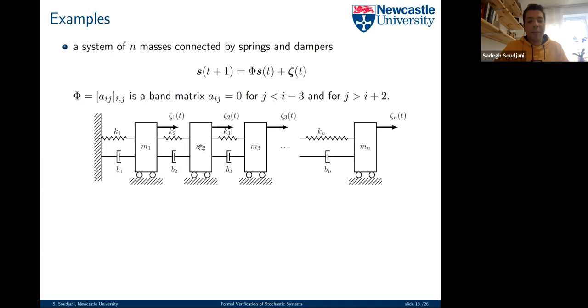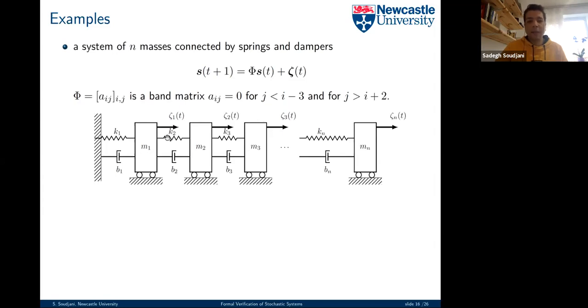And as you can see, for example, M2 is influenced by only the neighboring masses through this spring and damper here, and this spring and damper here. It's indirectly influenced by the other masses, but the direct influence is coming only from two of these masses. So there is a structure there.